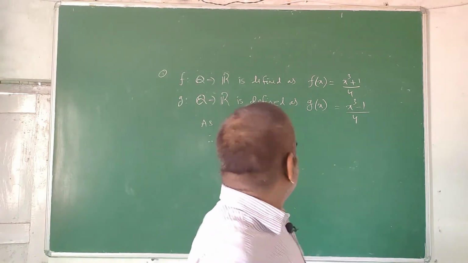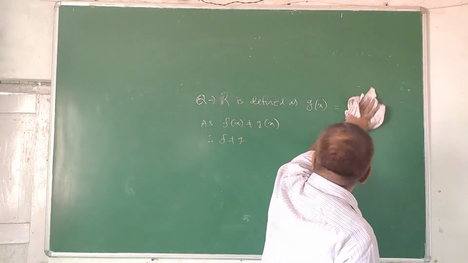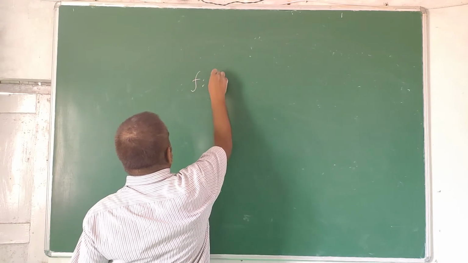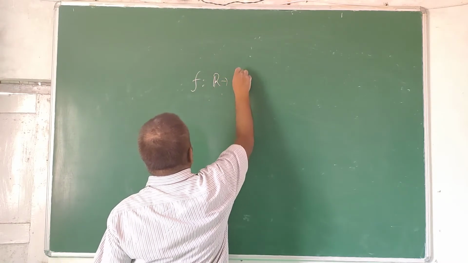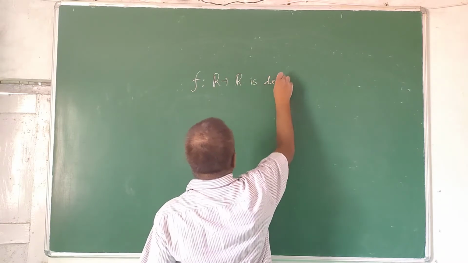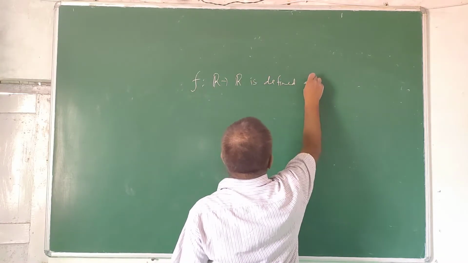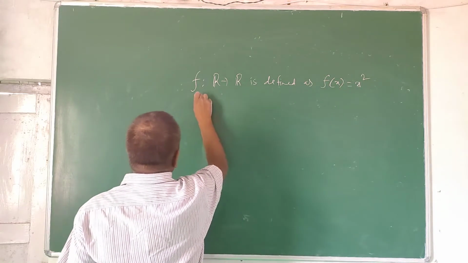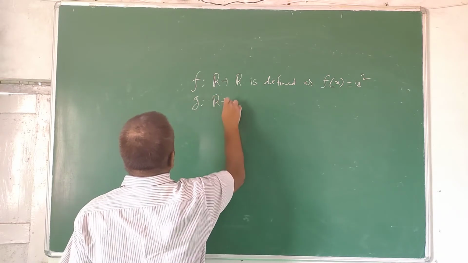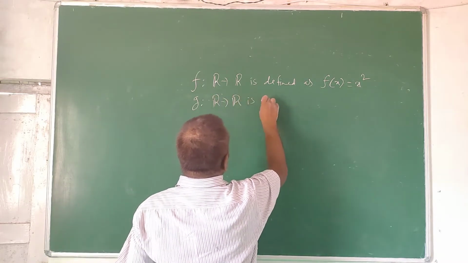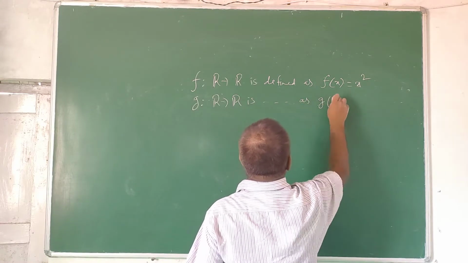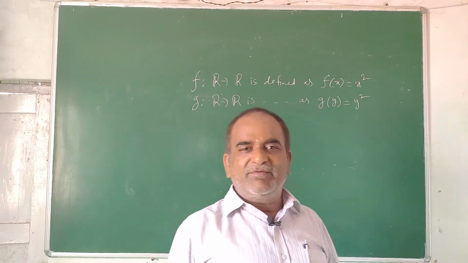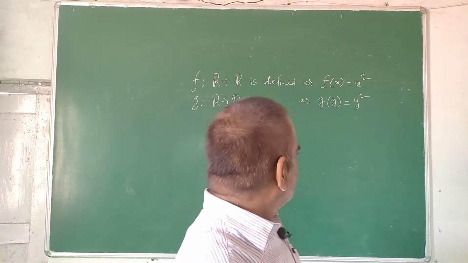Now at last I am taking the fourth example. See, f from R to R is defined as f of x is equal to x square. g from R to R is defined as g of y is equal to y square. Here I just changed the variable from x to y, there is nothing wrong.